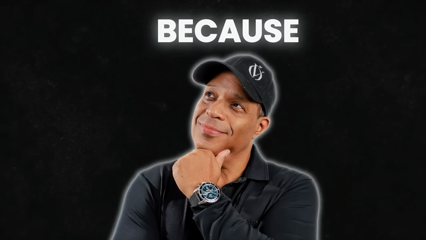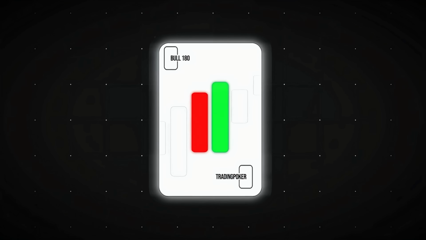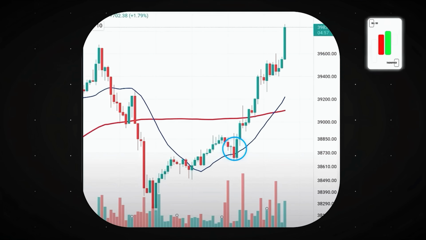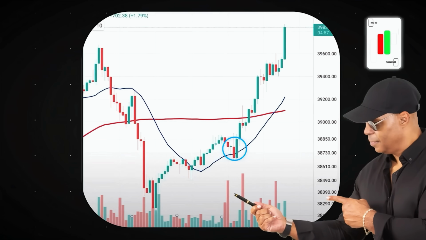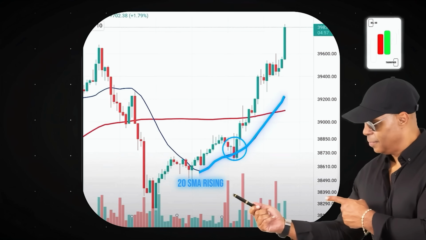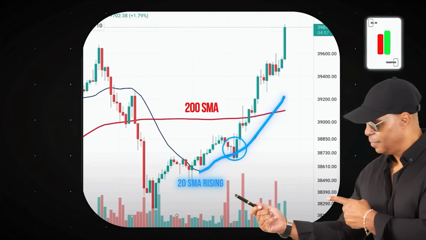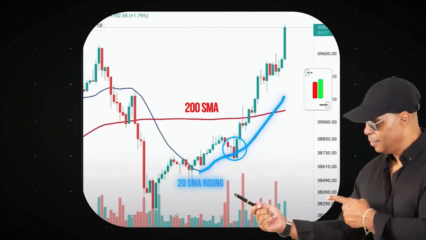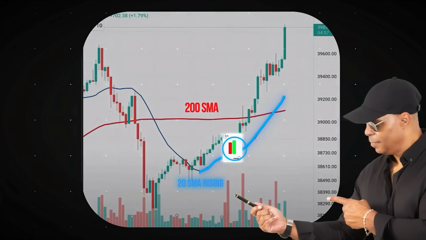Because let's say, traders, this is one of your cards, a bull 180. Boom. So we have a bull 180 scenario right there, right up to the 20. But you say, well, Oliver, why would I take that? The 20's rising. Yeah, but Oliver, I'm under the 200. I'm in the trap zone. Why would I take that? Because you've got the exception scenario.